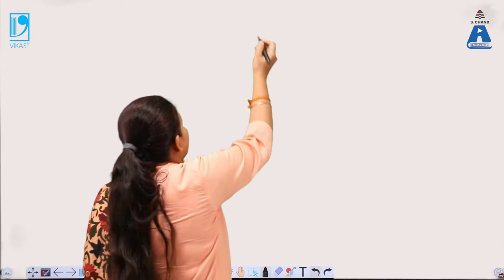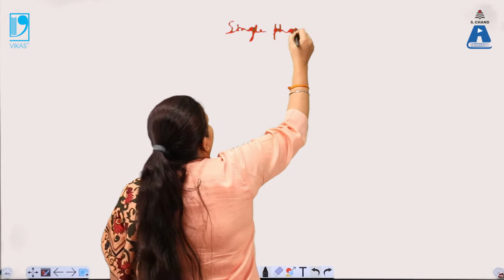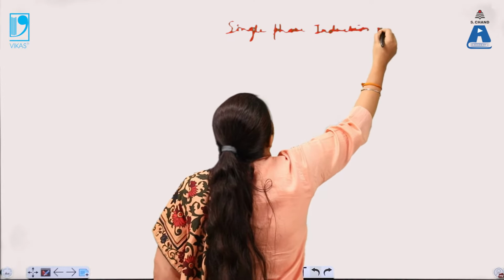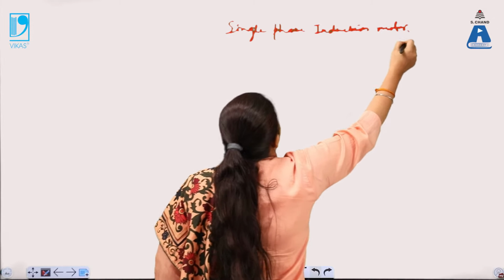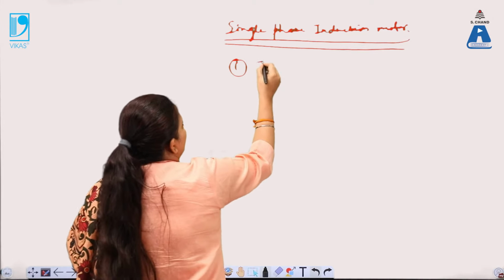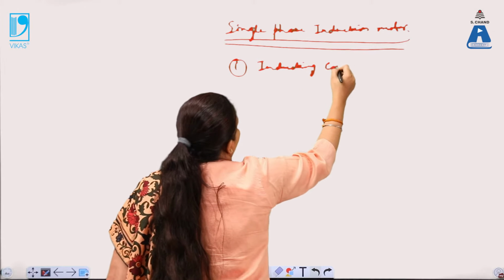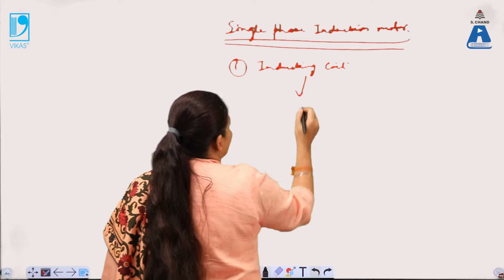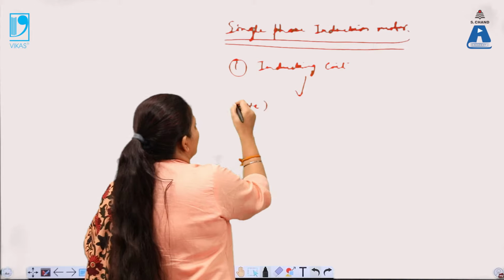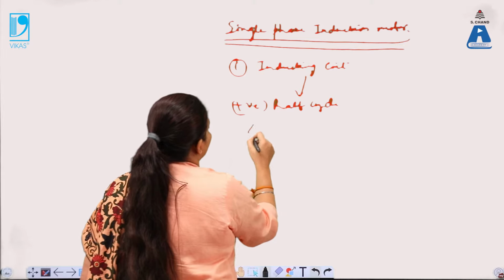So in the single phase induction motor, number 1, the inducting coil: if there is a presence of an inducting coil, let us consider the positive half cycle, this inducting coil is charged.